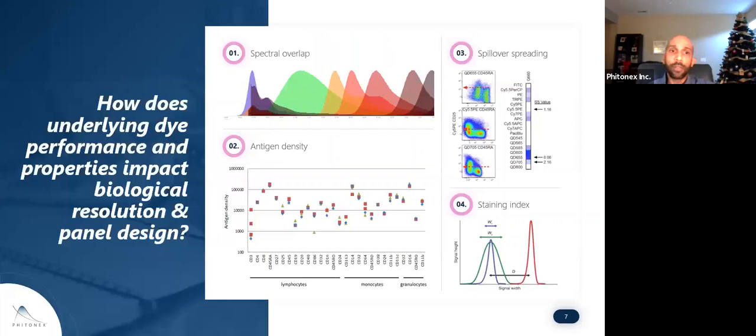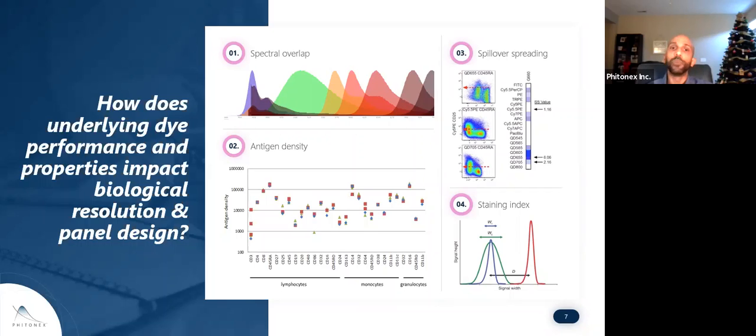When we think about panel design, we have to take into account the impact of dye performance on biological resolution. The first thing that we tend to think about when designing a panel is spectral overlap. Ideally, you want to space your fluors out far enough apart that you really don't have to worry about spectral overlap.